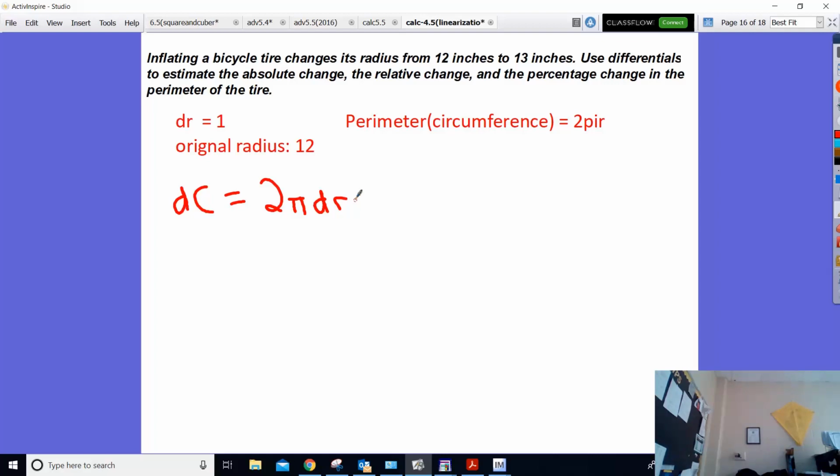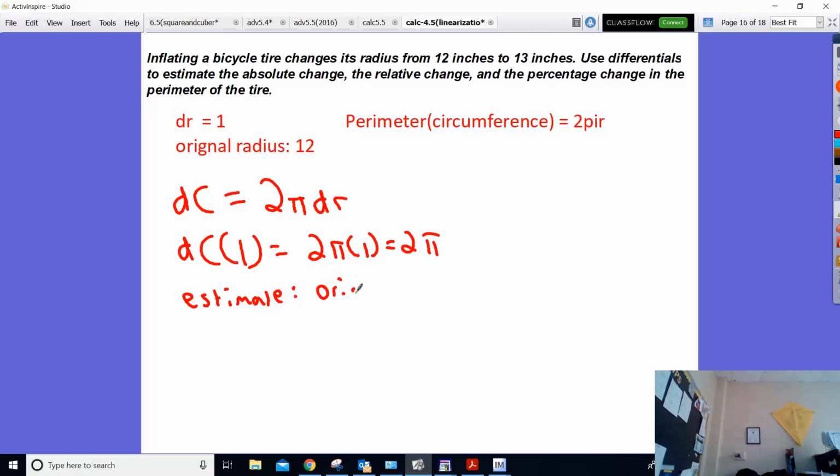No, I actually don't need to know what the original radius is. I don't care what the original radius is. All I need to know is what dr is. 1. So change in the radius when the radius is increased by 1 is simply 2 pi times 1, which is 2 pi. Now, we would say that our absolute change, or our estimate here, is the original plus 2 pi.